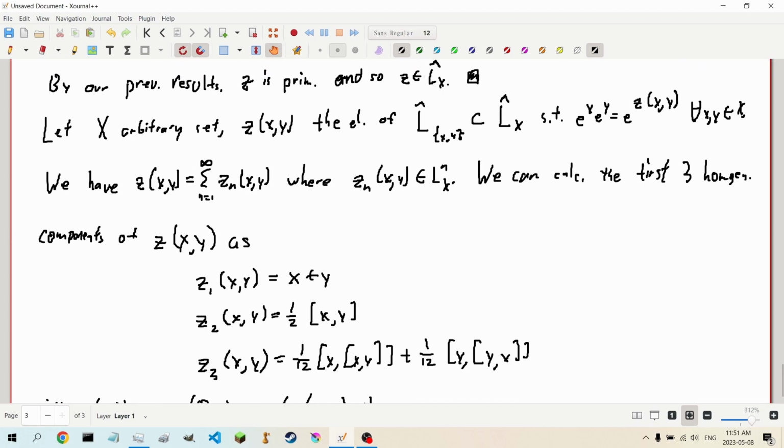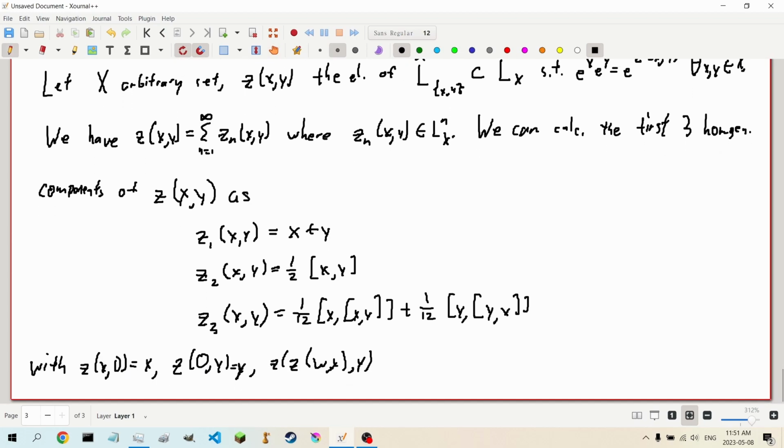Is z supposed to be a binary function in this context or an element? I don't know. This is equal to z of w on z of x and y. And that is the end of that chapter.